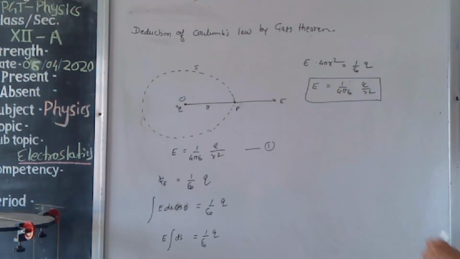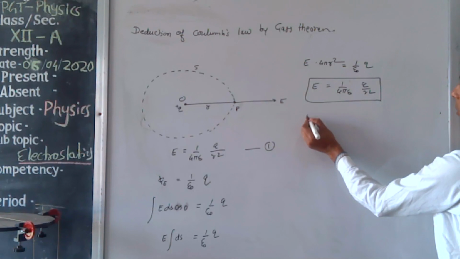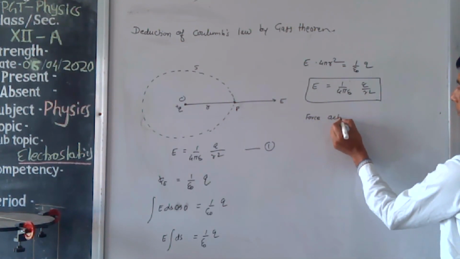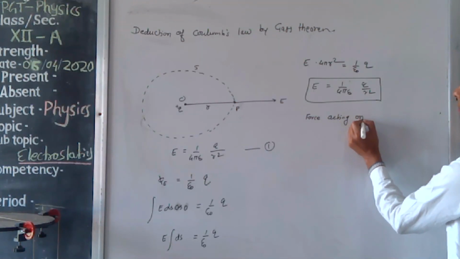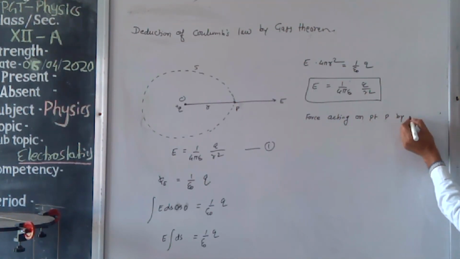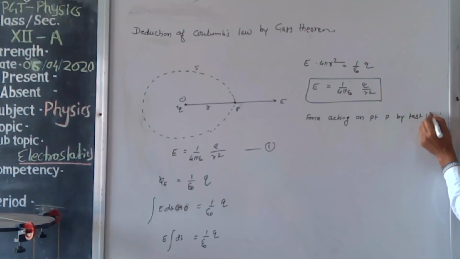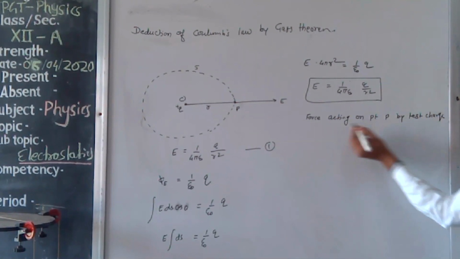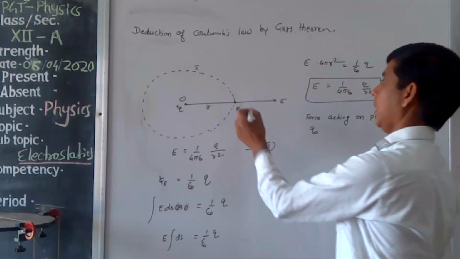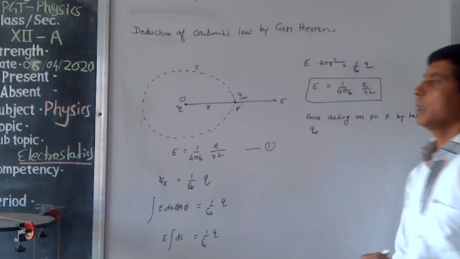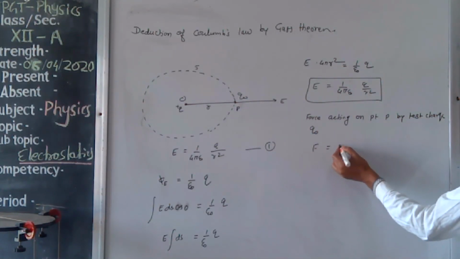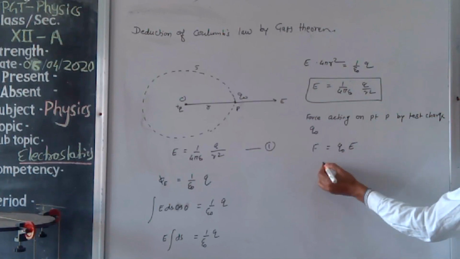Now, the force acting on point P by a test charge Q naught. Suppose we place test charge Q naught at that point, then what will be the force exerted? We know that force equals Q naught into intensity.